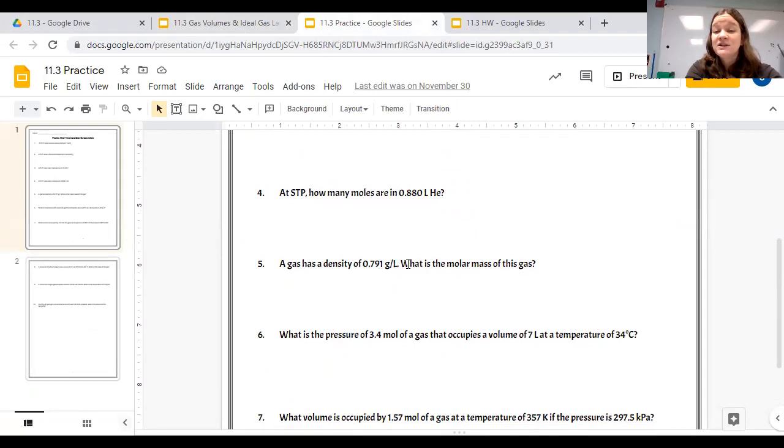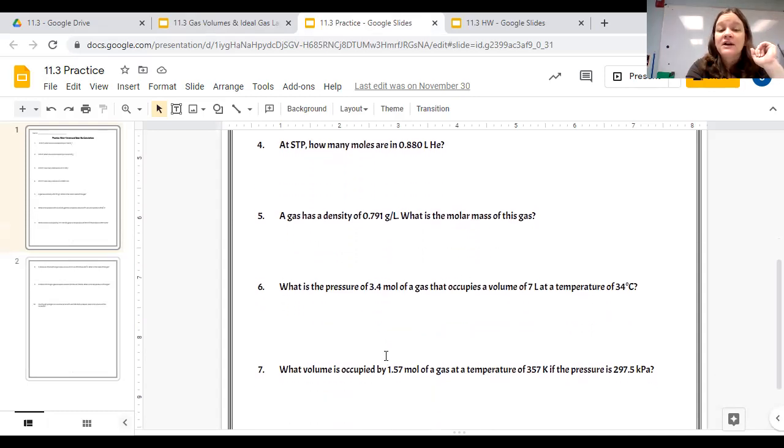If you have the density, you should be able to find the molar mass because you know molar volume. So try number 5, and I will leave an answer key, of course.